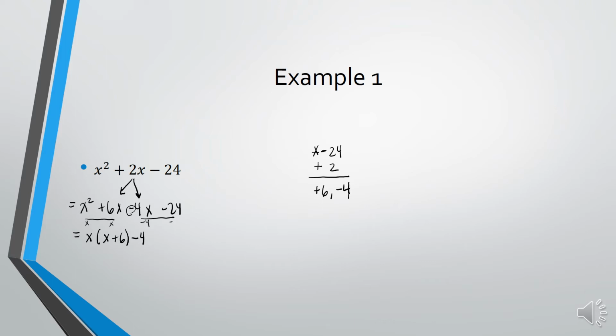So I'll divide both of them by minus 4, which gives me x plus 6. I'll pull out my x plus 6 by dividing both of these by x plus 6, and that leaves me with x minus 4. So we factored this as x plus 6 times x minus 4.